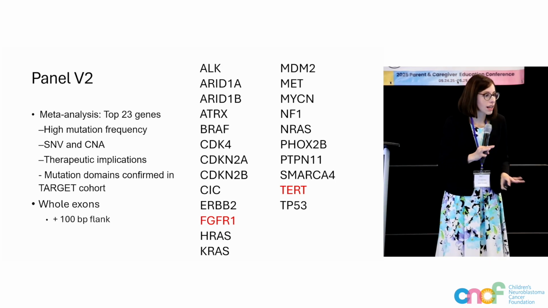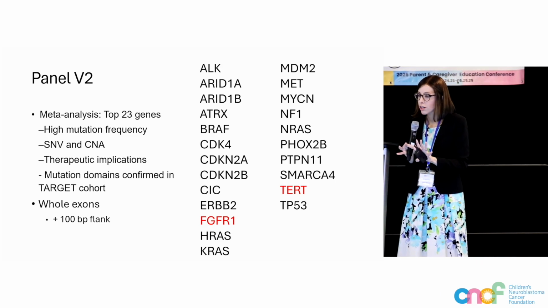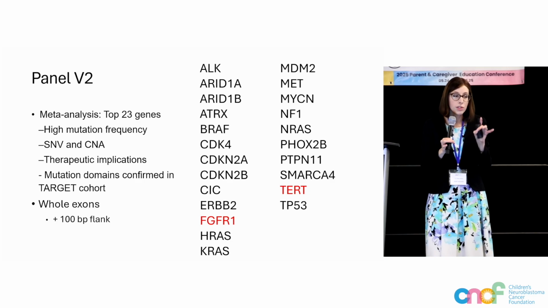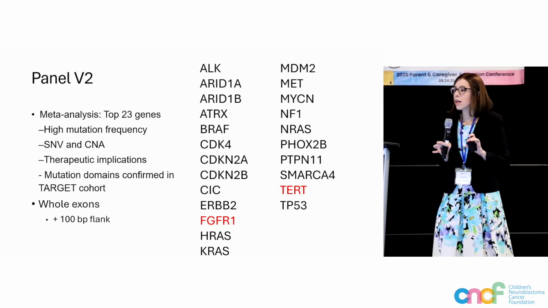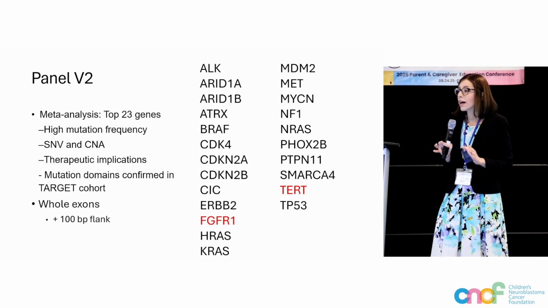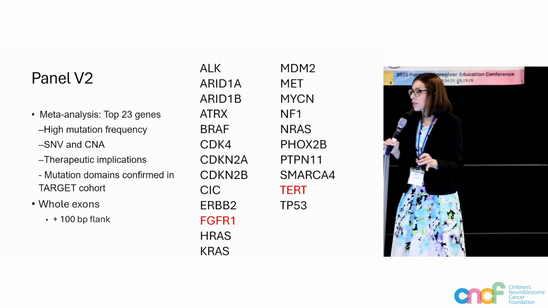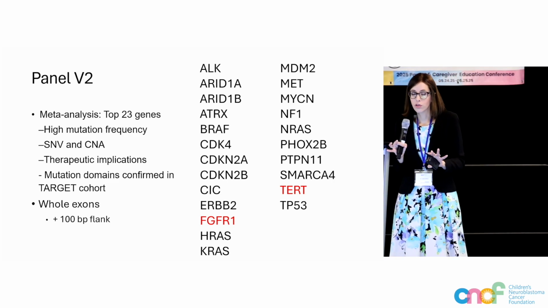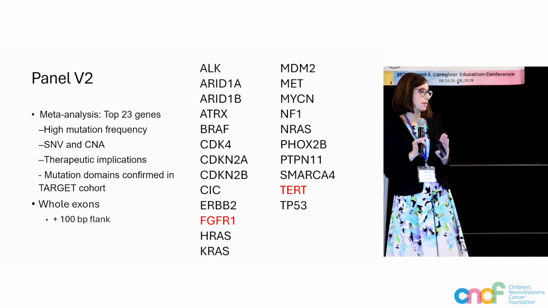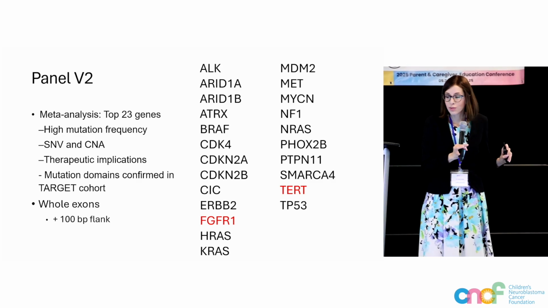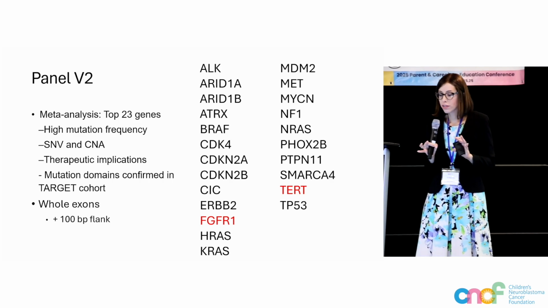Top, bottom, the entire gene, except for TERT and FGFR, because we really only see specific mutations there. And therefore, in these genes, we can detect mutations, small deletions, small amplifications, any kind of alteration, but only in these genes. And so again, there's advantages and disadvantages to all these approaches.